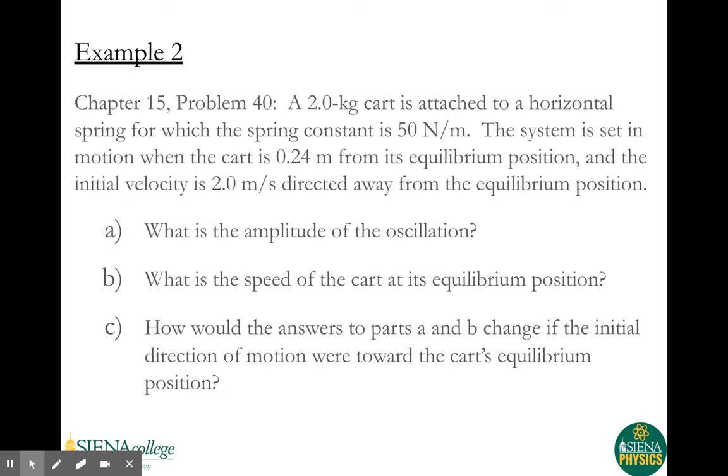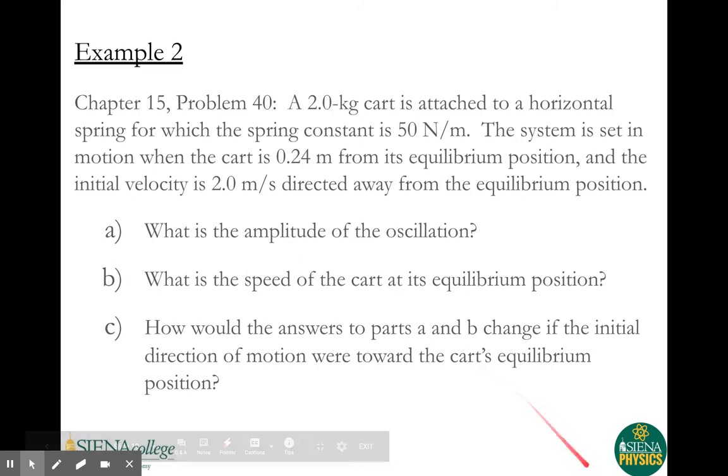The system is set in motion when the cart is 0.24 meters from the equilibrium, so x0 is 0.24 meters. It's also given an initial velocity at that point of 2 meters per second away from the equilibrium position. Then we need to find the amplitude and the velocity at x equals 0.